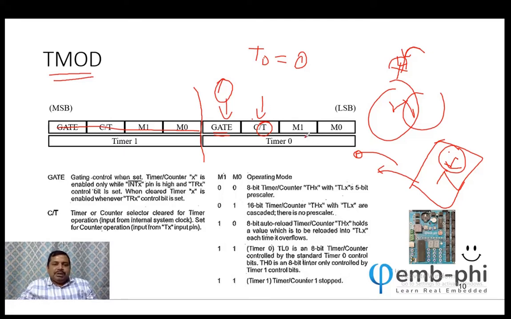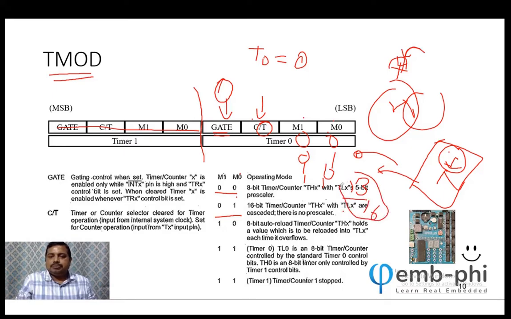Now the mode. For the timer mode we have 2 bits, so we can write 00, 01, 10, 11. What is the meaning of them? No problem. See, 00 and 01 are almost the same. 00 means 13-bit mode, and 01 means 16-bit mode.